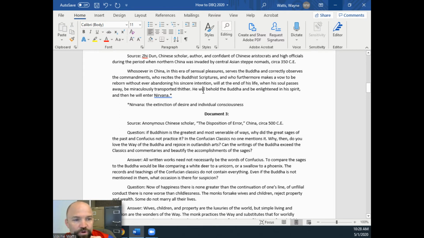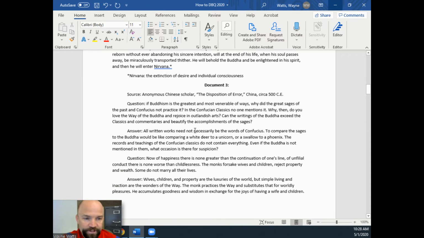He will behold the Buddha and be enlightened in his spirit, and then he will enter nirvana. And it gives us a helping hint. Nirvana is the extinction of desire and individual consciousness.